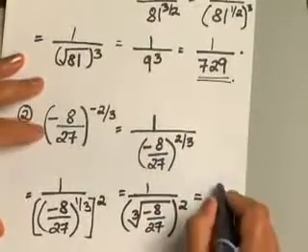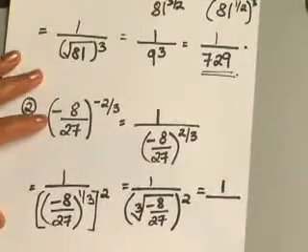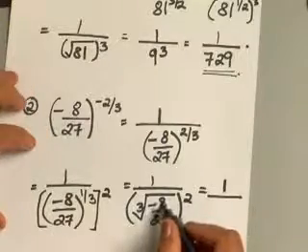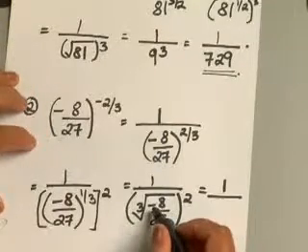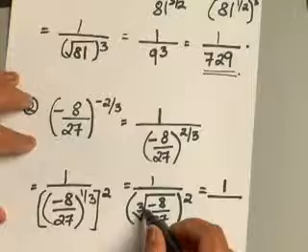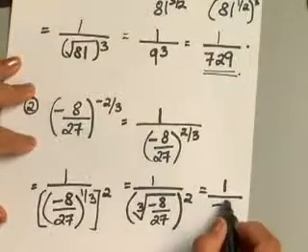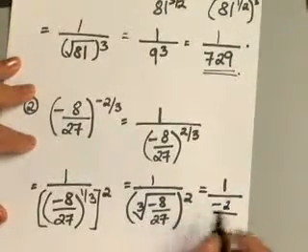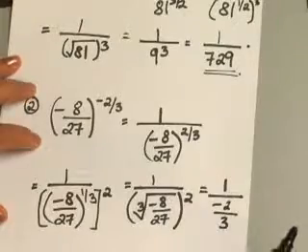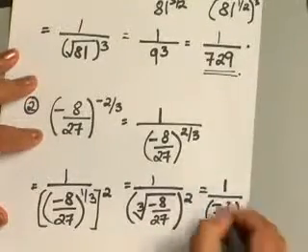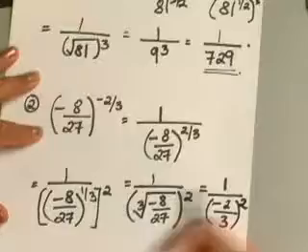You can say the cube root of negative 8 is going to be negative 2. The cube root of 27 is going to be 3. And then don't forget that square on the outside.